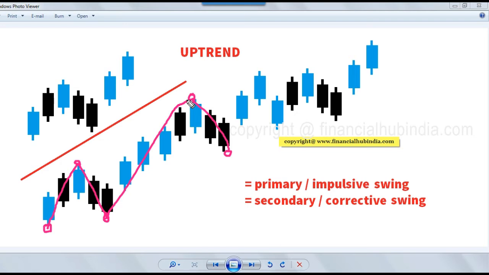This is how we were talking so far. But from now onwards you'll not be saying one line, two line, or three line. You'll be using the word swing instead of line. So first swing, second swing, third swing, then a fourth swing. So every line will be converted into a swing now.